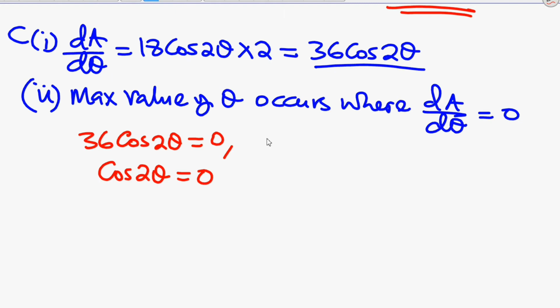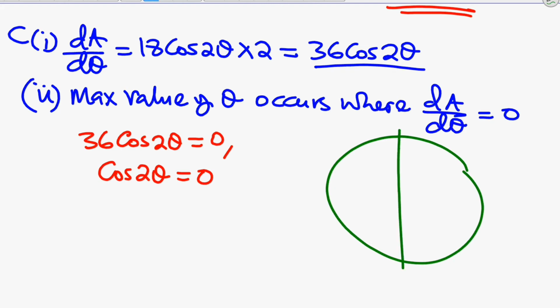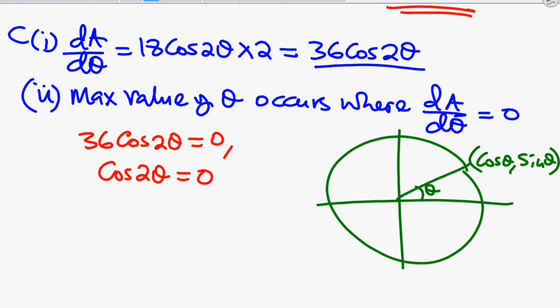To solve for this, you need to go back to the unit circle, okay? On the unit circle, we know that for any angle theta, the x coordinate is represented by cos theta, and the y coordinate by sine theta. This point is 1, 0. Here it's negative 1, 0. Here it is 0, 1.